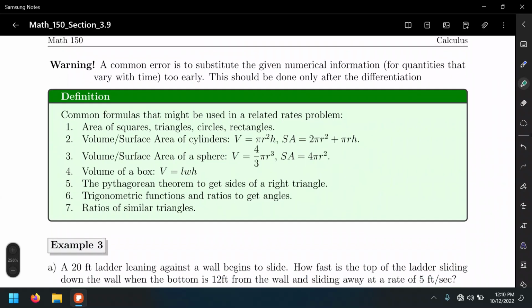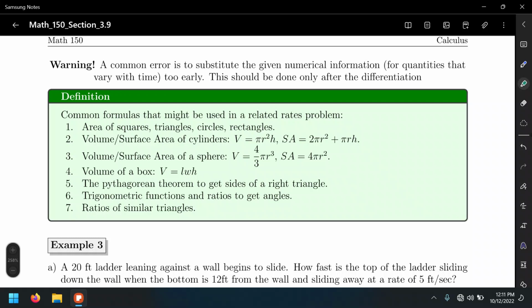What other situations can we use? For example, we can have a similar situation of the area of a square changing over time due to the length of the side changing. Triangles, circles, rectangles in general, volumes or surface areas of cylinders, the surface area of the sphere, the volume of a box. We will have a bunch of information to put together. The Pythagorean Theorem is another very important one that we're going to use.